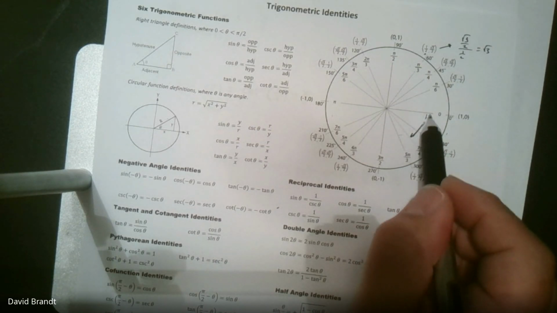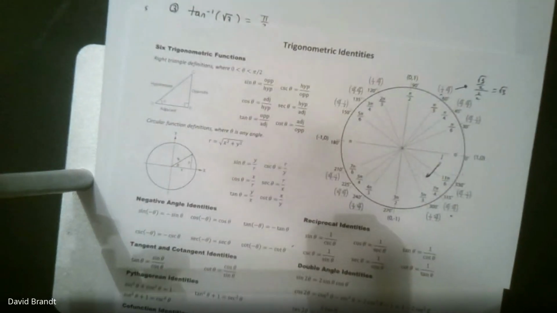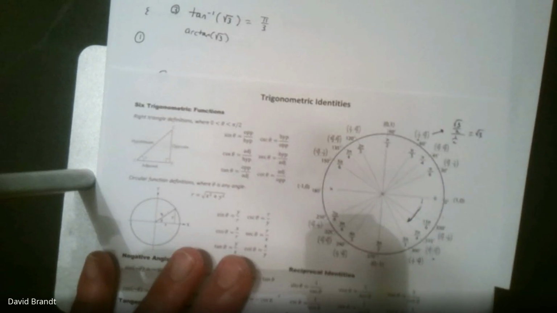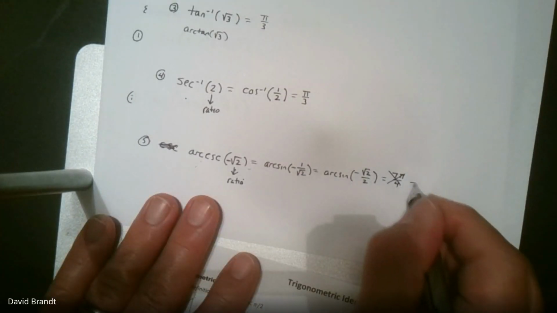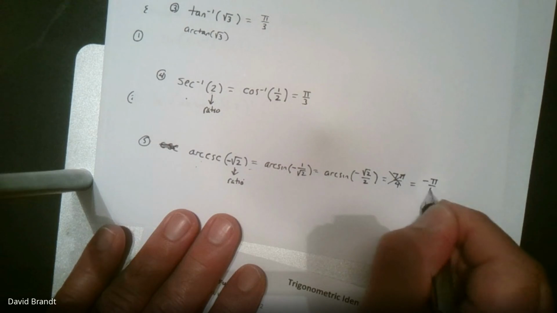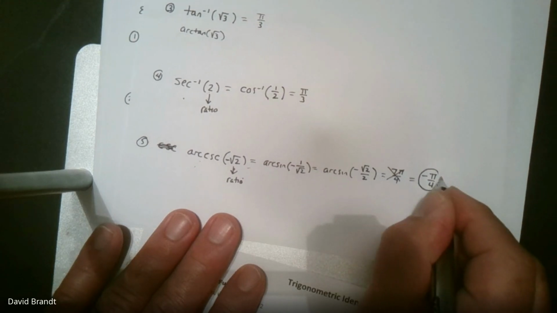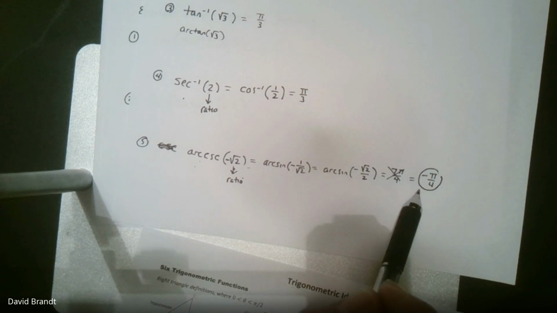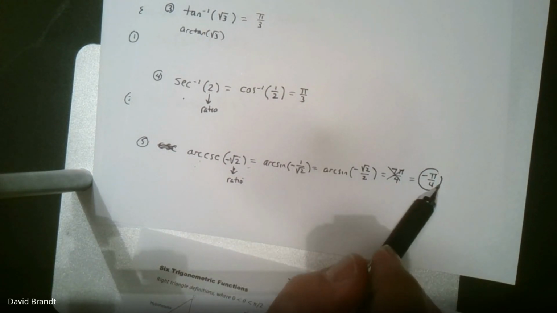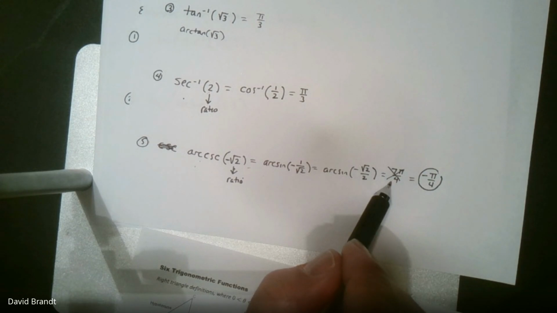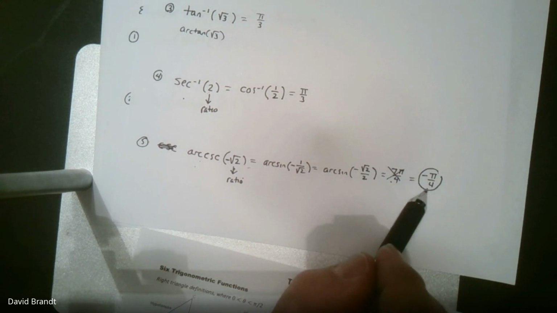Well, that would be in the negative direction. So instead of calling that 7 pi over 4, we're going to just call that negative pi over 4. It's the same thing as 7 pi over 4. We're just taking the easy way. So the calculator would give you this answer. Even though it's the same thing as 7 pi over 4, we're going to call it negative pi over 4.